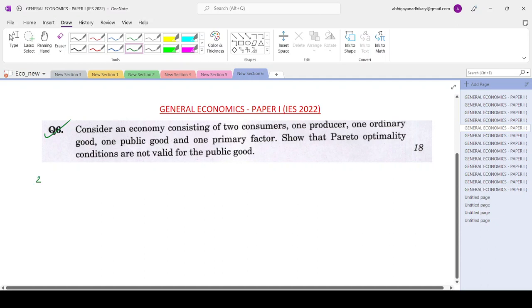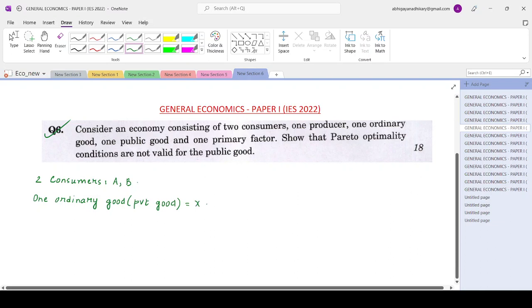Let us say that the two consumers that we are looking at are labeled as consumers A and B, and the one ordinary good that has been mentioned. By ordinary good, we mean the private good over here.